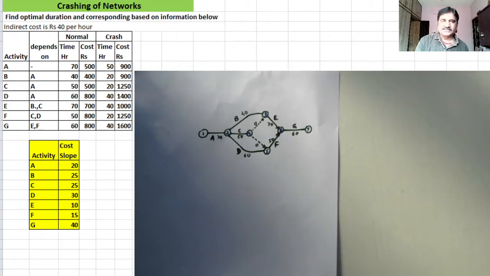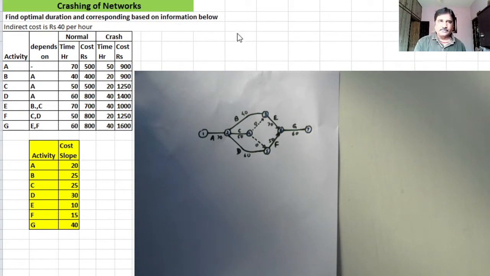That is also called the cost slope, that is delta C divided by delta T. The difference in cost, that is 900 minus 500, 400, divided by the difference in time, 70 minus 50. The difference in time and difference in cost are taken in such a way that both of them are positive.